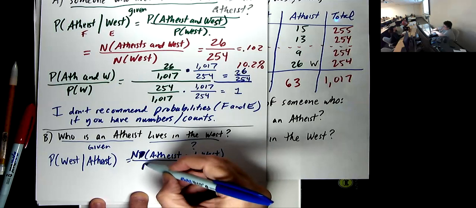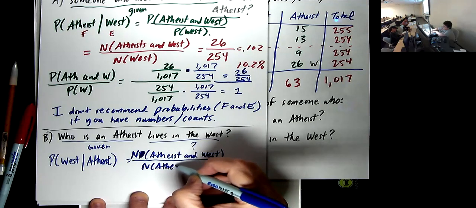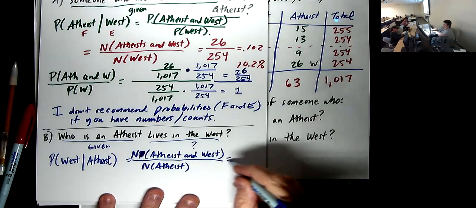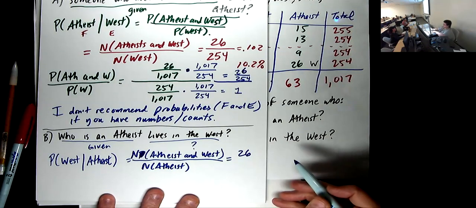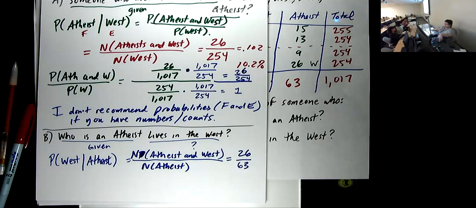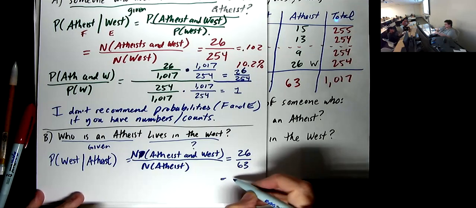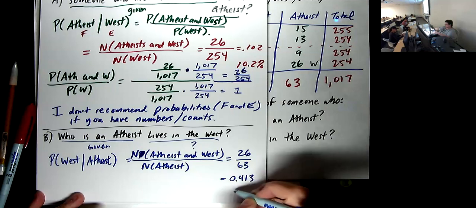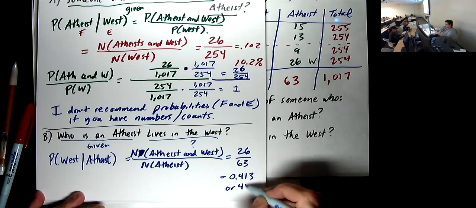The bottom is the number of people that are atheist. We already said the top number was 26. We can see from the table there were 63 atheists, which is 0.413 to 3 decimal places, or 41.3%.